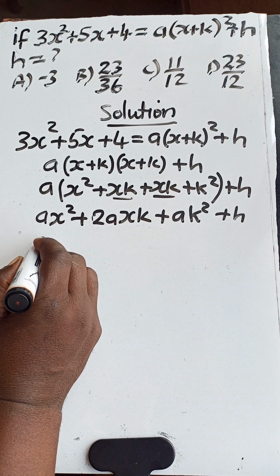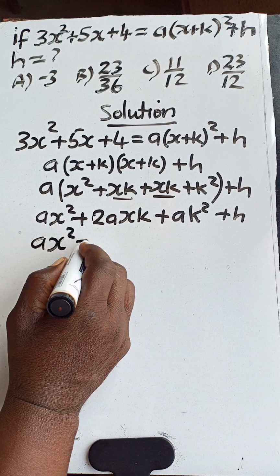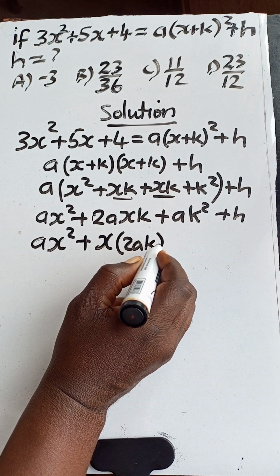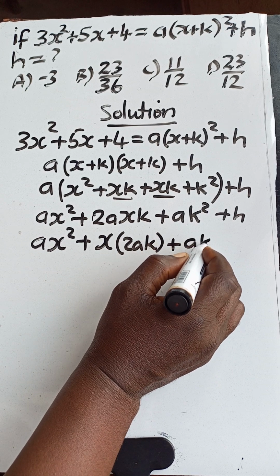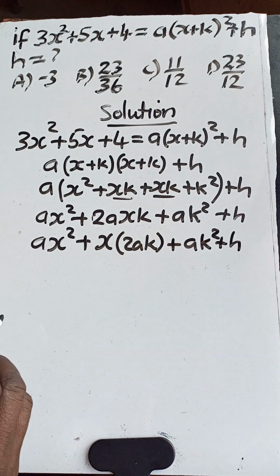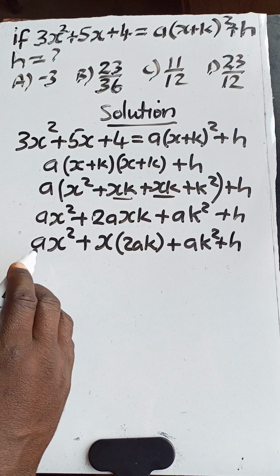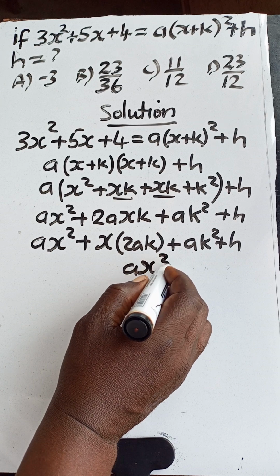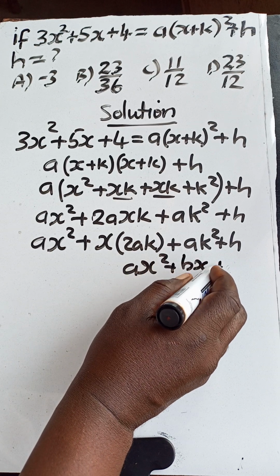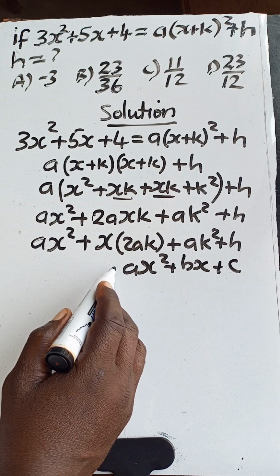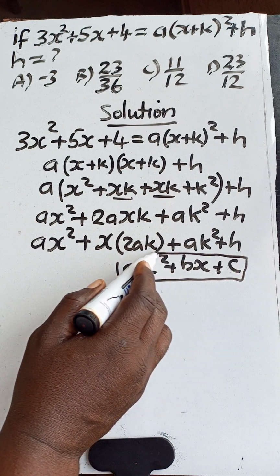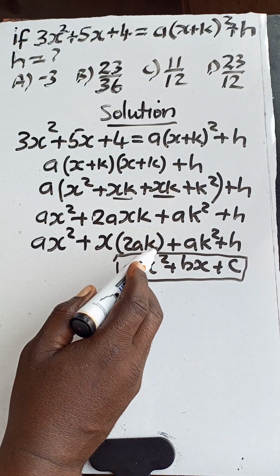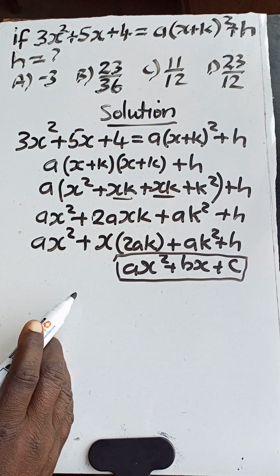This gives us ax squared plus x into 2ak plus ak squared plus h. So it has the nature of the classic quadratic ax squared plus bx plus c. With respect to this, our a is a, our b is 2ak, and our c is ak squared plus h.